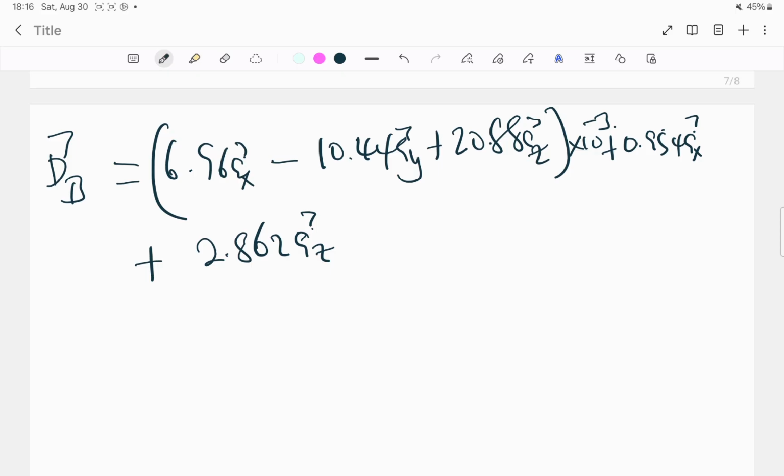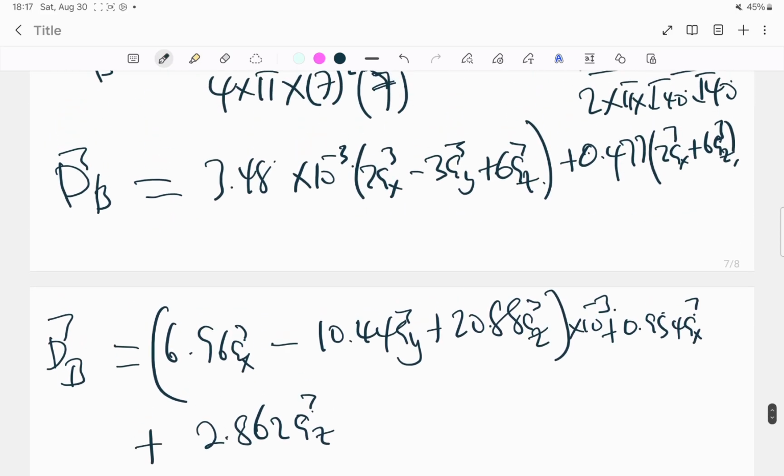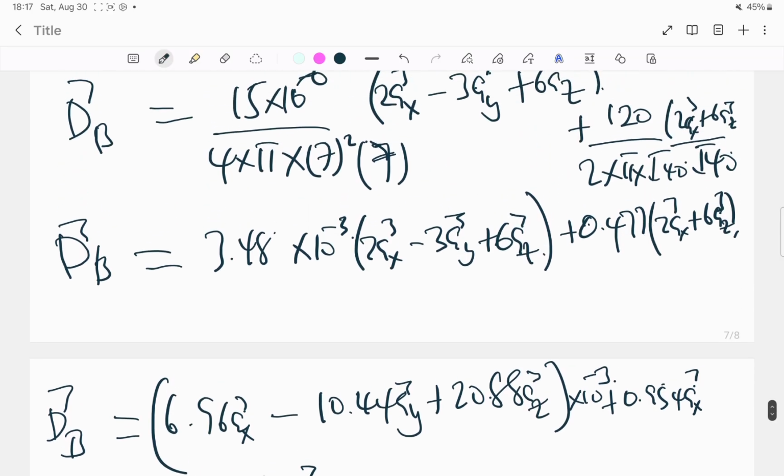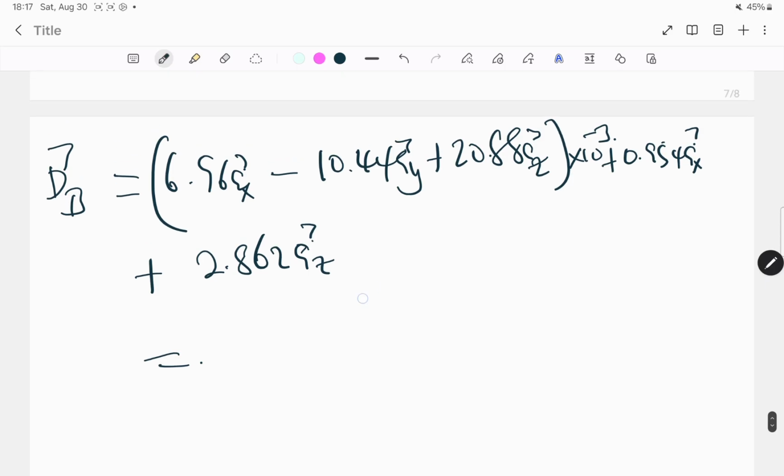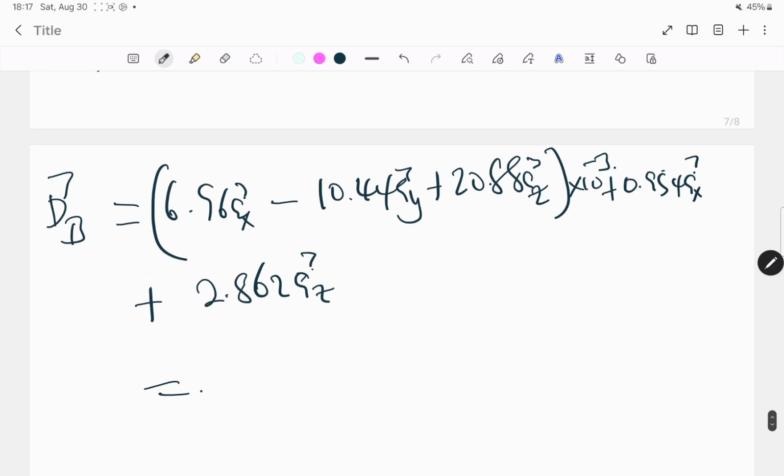So we have this. Let me see this again. If I'm correct, let me do this one: 2 times pi times 40 inverse times 120. Yeah, so we get this. So our answers are now going to be, we just add, this one will remain the same, 10.44.